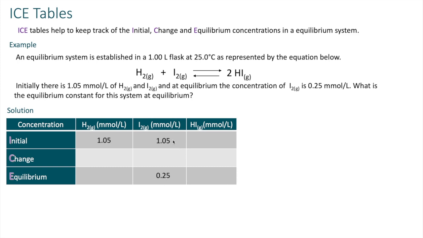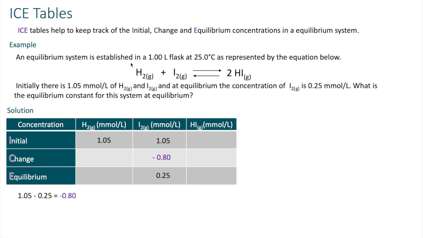Now, using the initial concentration and the equilibrium concentration, it's possible to calculate the change value. What you need to do is just take 1.05, subtract 0.25, and we see a change of negative 0.80. That's what I put into the table for the change column.